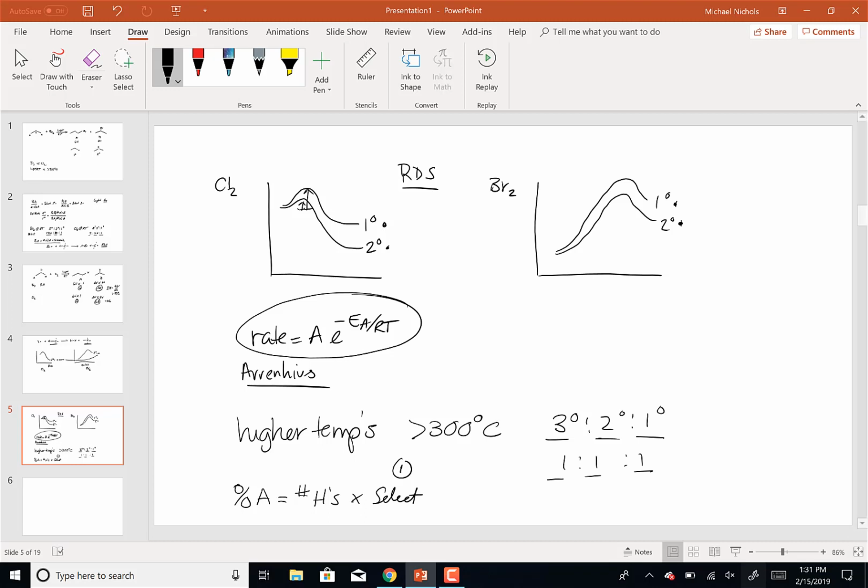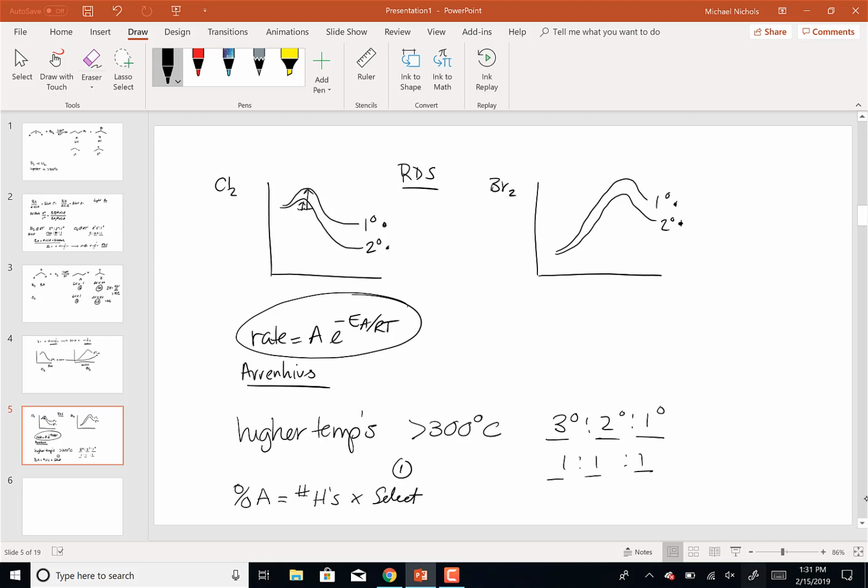So, in our theme of organic chemistry, where we're trying to do one thing or the other and have the ability to do both by selecting the conditions, if we go to a higher temperature, it doesn't matter whether we use chlorine or bromine, I'm going to basically get a statistical mixture.